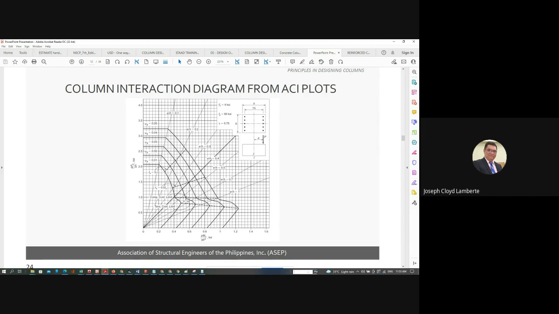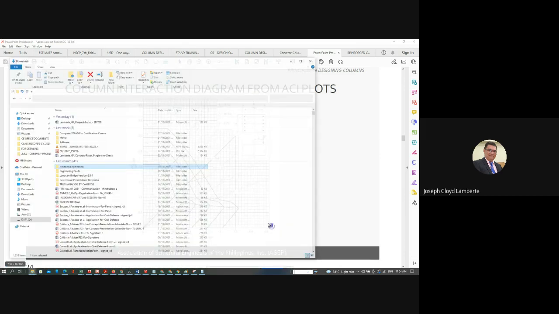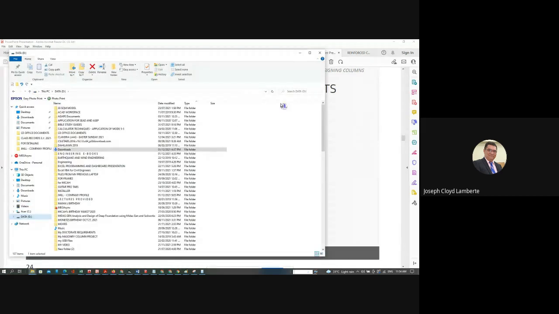Actually, the column interaction diagram was first nahuna-unaan nako tungod sa akong masteral subject nga akong gihimo tang special project nga maghimo ko ingani sa masonry column. I don't know if I still have it. Masonry column.